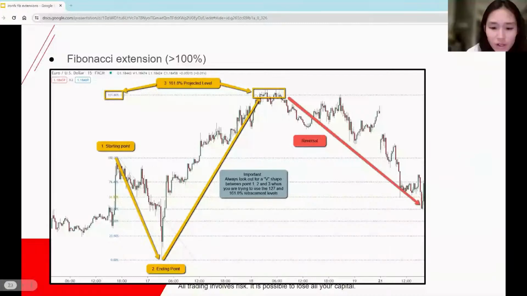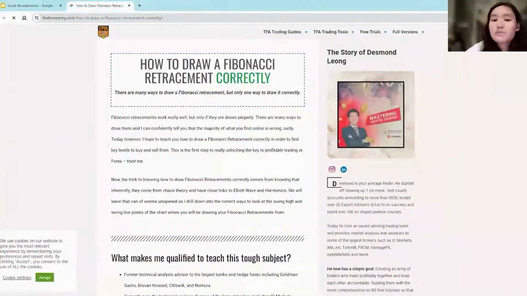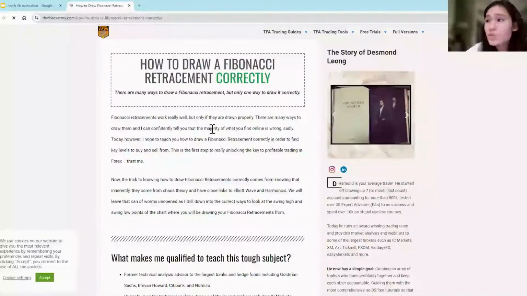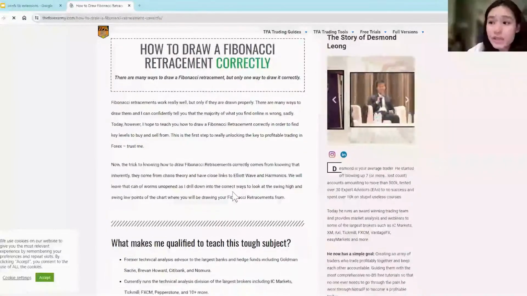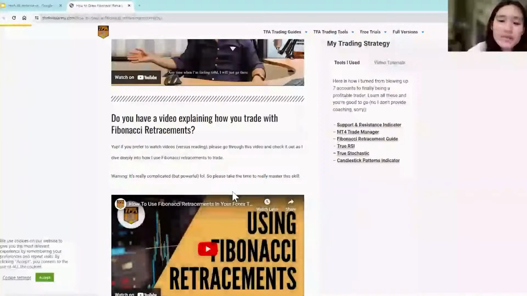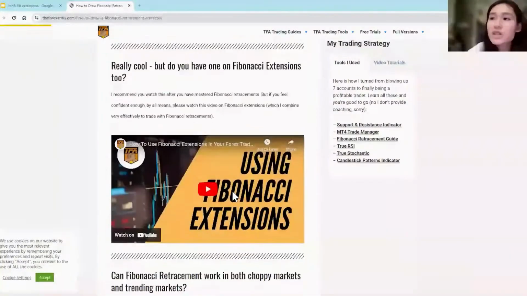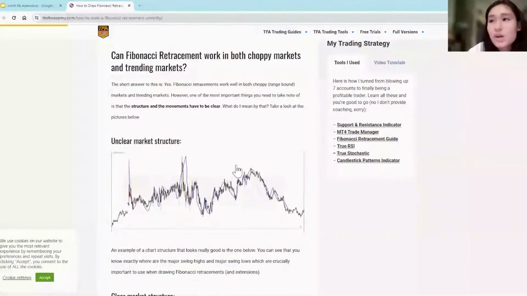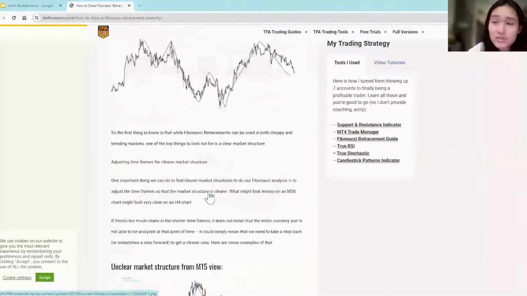Yeah, before we move on, I'll just show you guys the Forex Army page. Okay, so in this website, you can see how exactly you can draw a Fibonacci retracement correctly. Basically everything that I've gone through today, last week, or future webinars, most of the information will be over here.